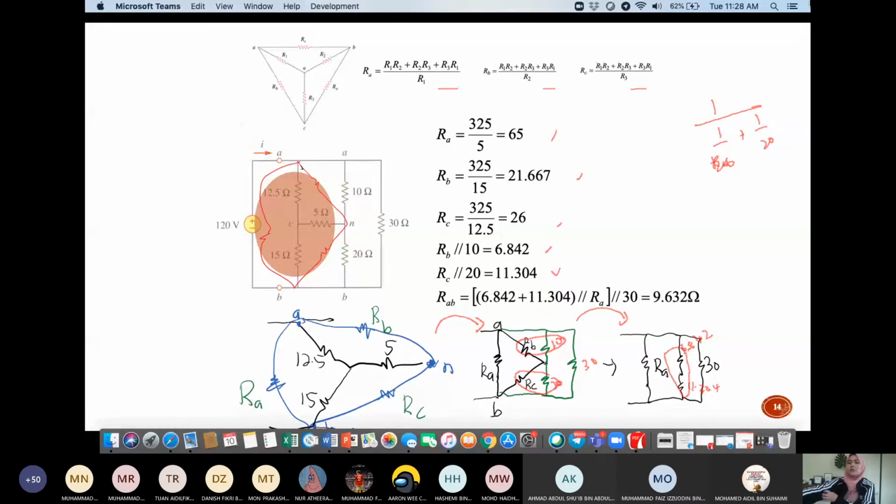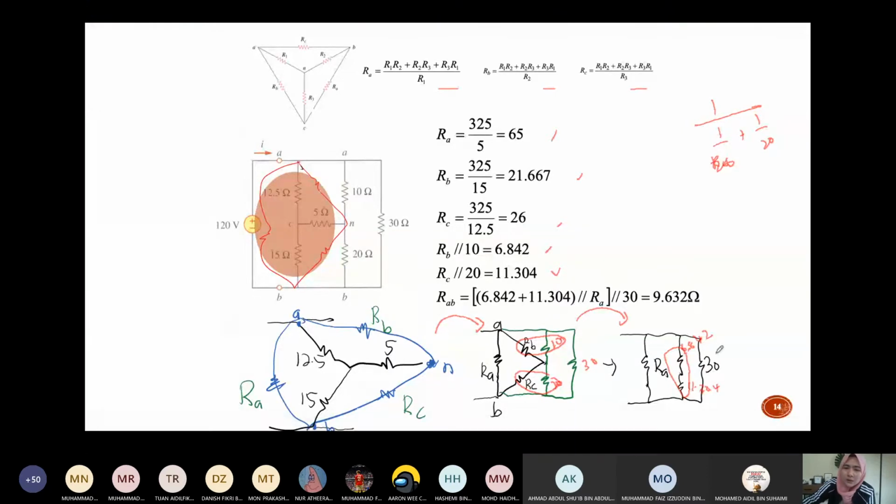After you find the value for this part, then you can calculate the R equivalent, where RA is equivalent to this 30 ohm resistor. So you should get the R equivalent RAB equals 9.632.